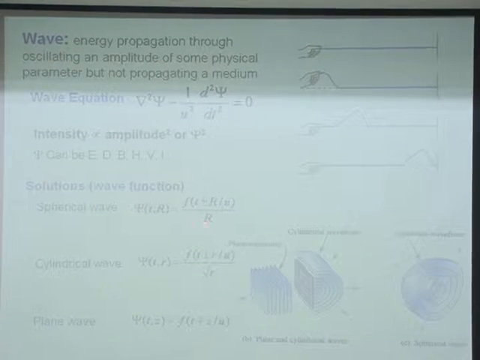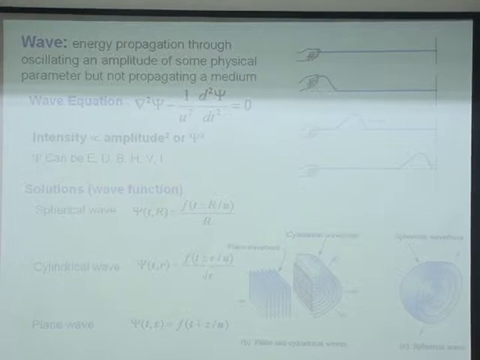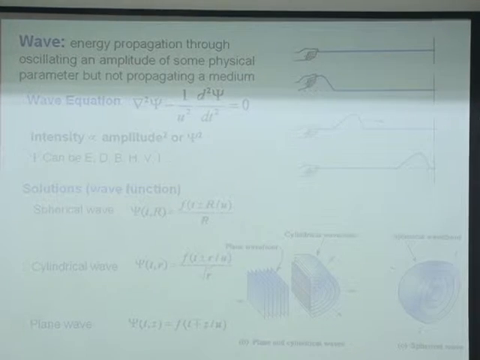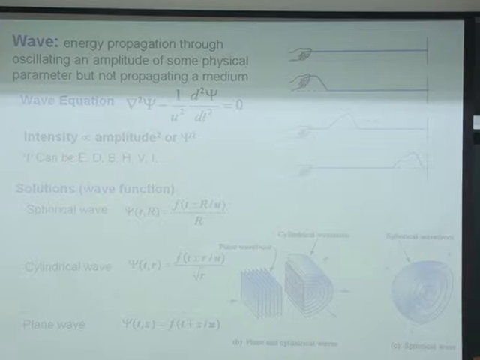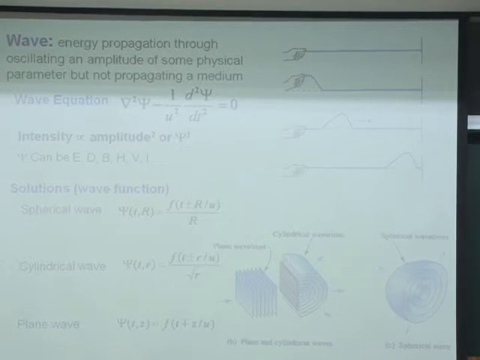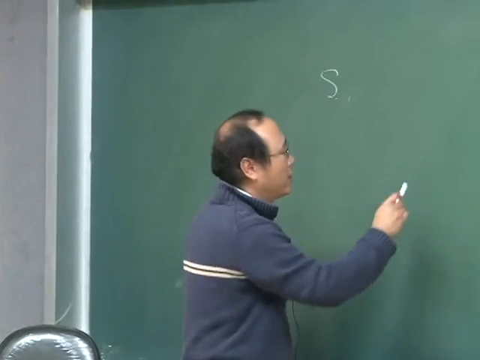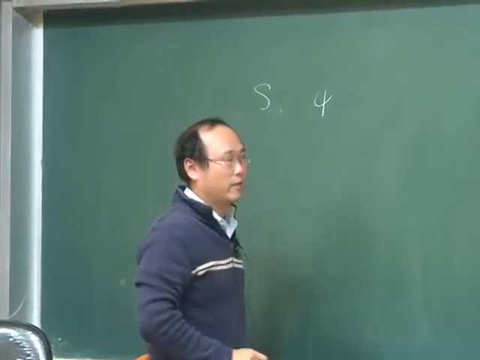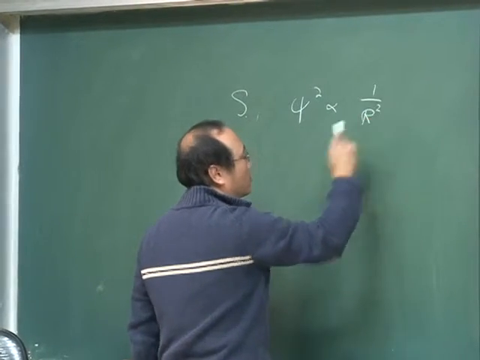The reason for this R and this square root of the small r is that you want to conserve the energy. I told you that the intensity or power is proportional to the square of this amplitude. If we have a spherical wave and you take the square of it, it's proportional to 1 over R squared.